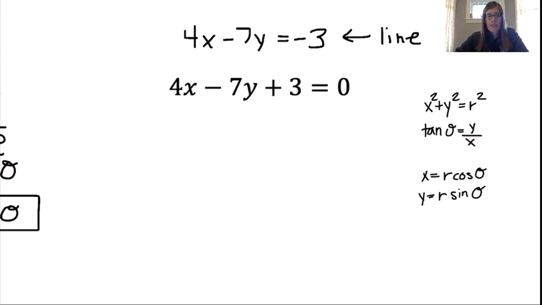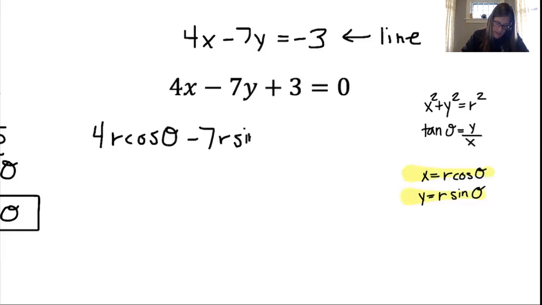So for this particular problem, what I'm going to use is actually the x and the y's. I'm going to make the substitution for x, r cosine theta, and for y, r sine theta. Now I'll have 4r cosine theta minus 7r sine theta plus 3 equals 0.